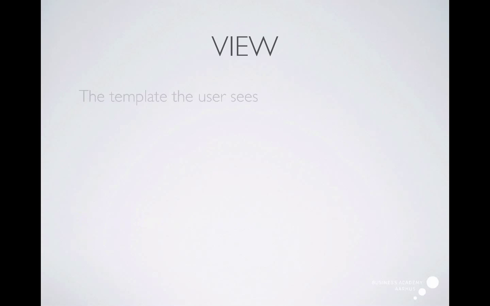The view is a template. It's a template that the user sees, and it has some placeholders for where to put in the data that the controller has retrieved from the model.